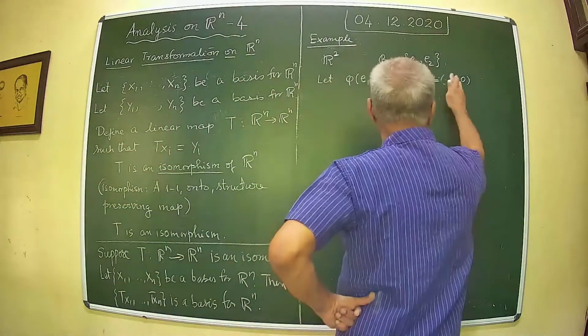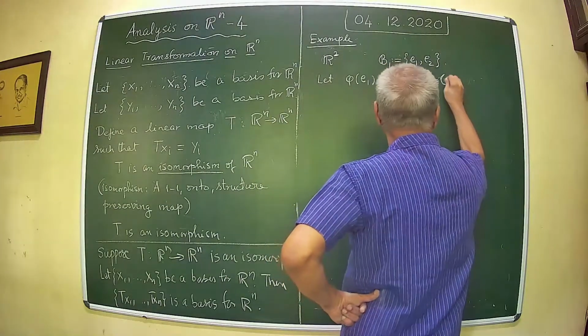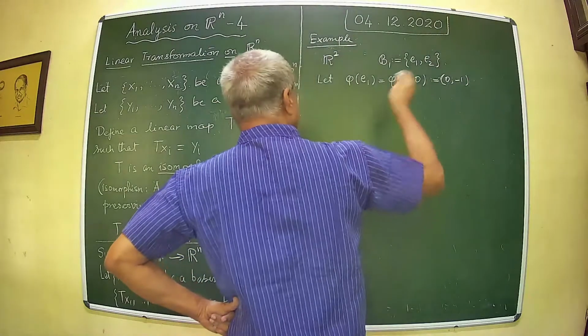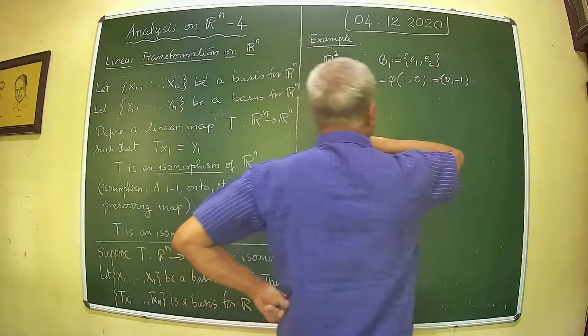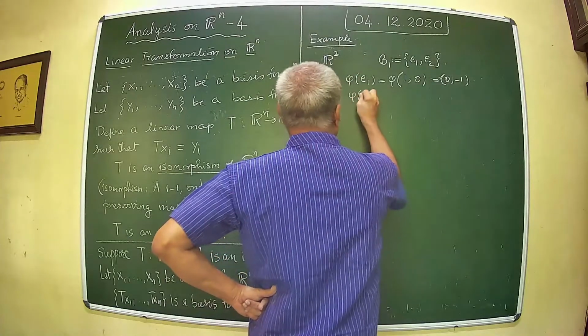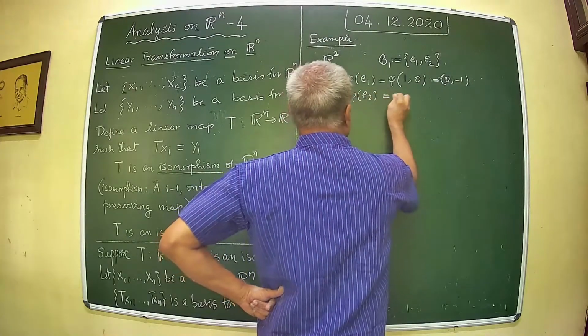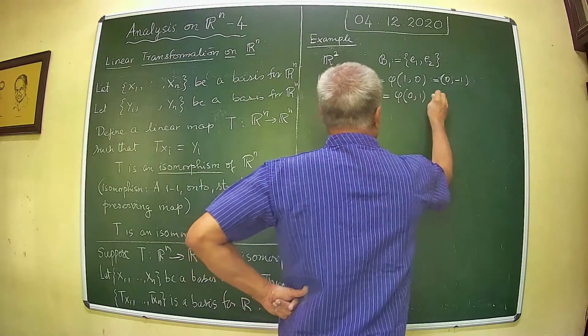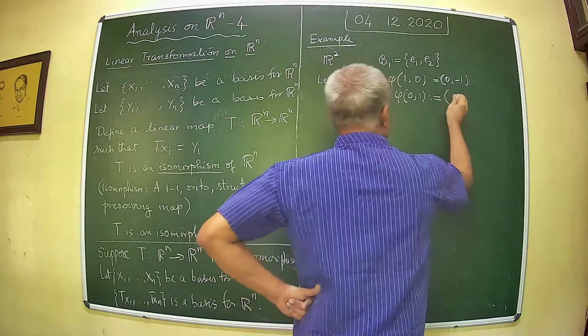Or let me take (0, -1). Alright. So I take phi of v2, I write as (1, 0).